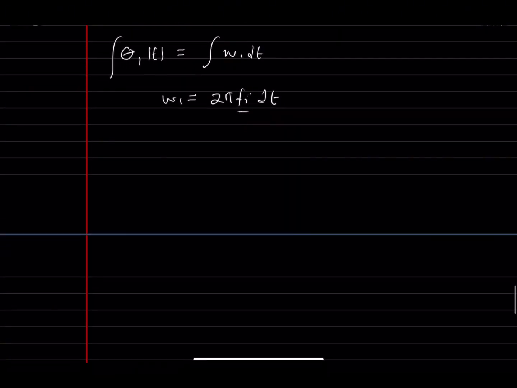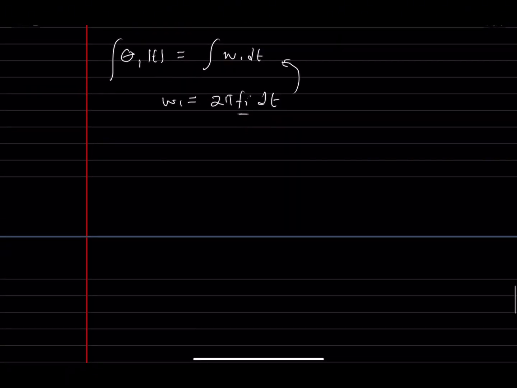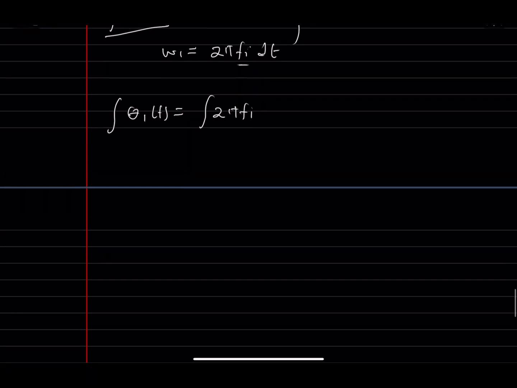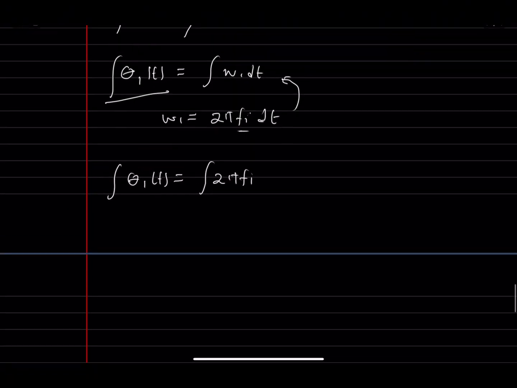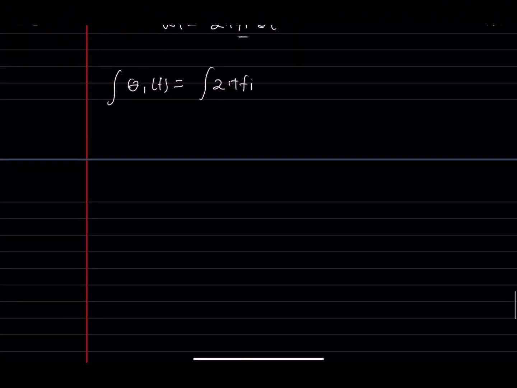Based on this, we can substitute this into the equation, and when I find the integral, I'm going to get the integral of theta i of t to be equal to the integral of 2 pi fi. So doing this, the integral is supposed to give us theta i of t, which is equal to 2 pi fi.